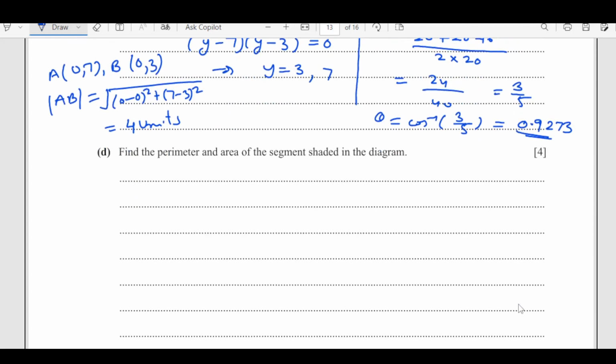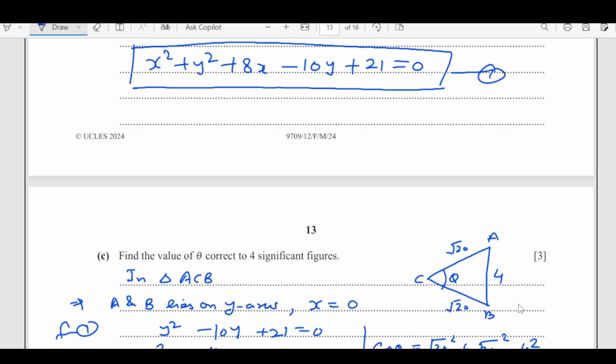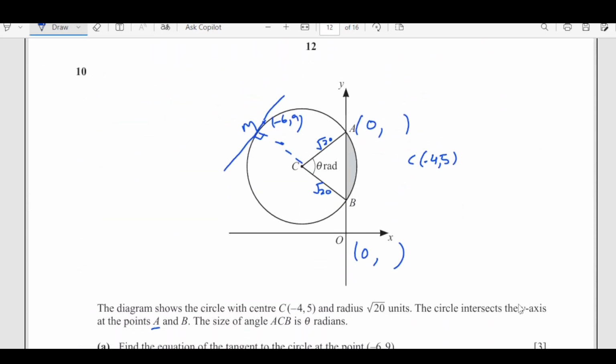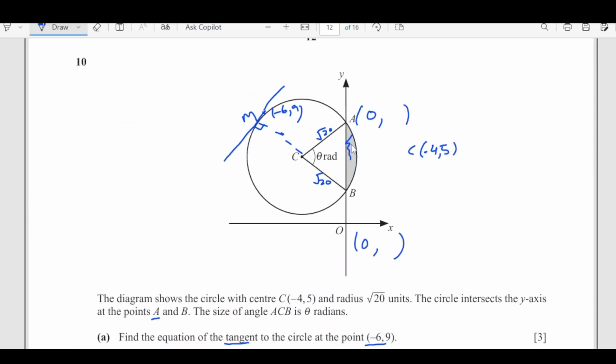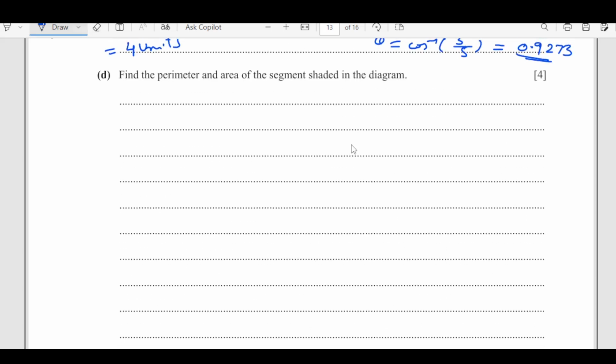Now part D, find the perimeter and area of the segment shaded in the shape. So we are looking for this shaded part here. For that, first of all we need the length of the arc. For the perimeter, I am dividing it into two parts.